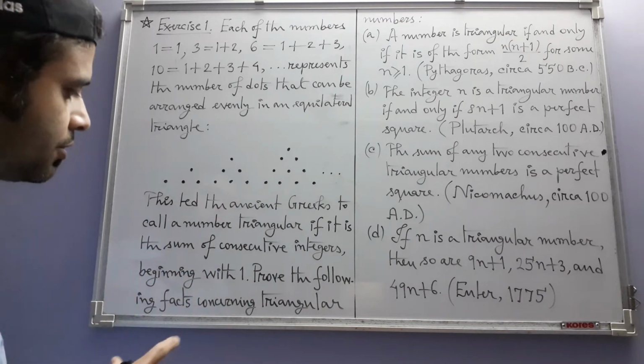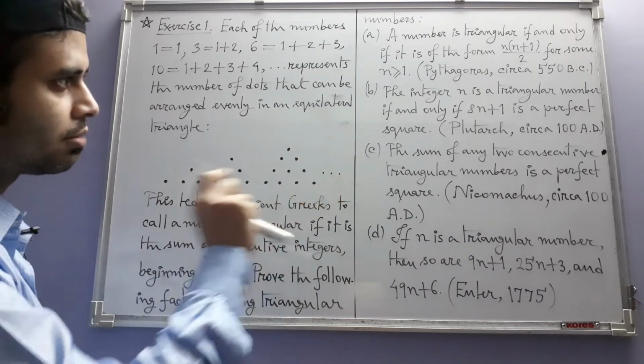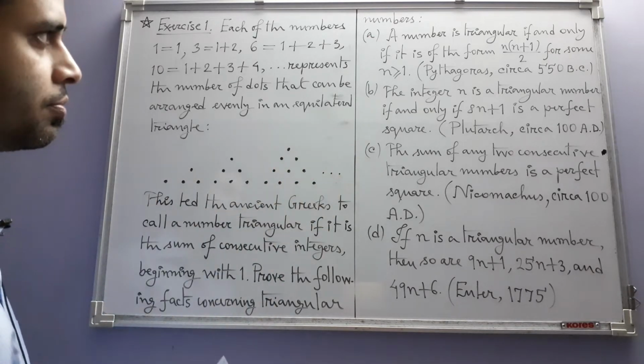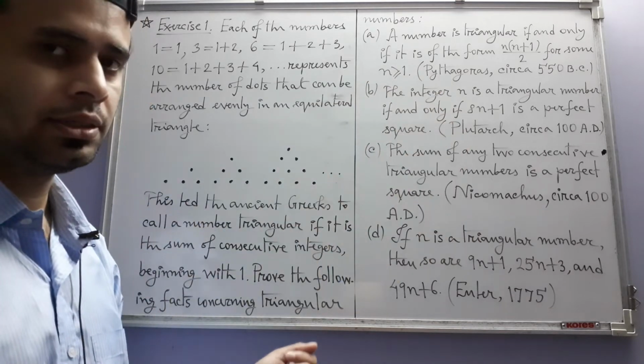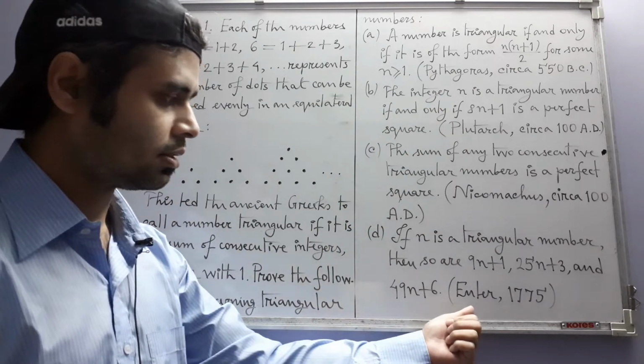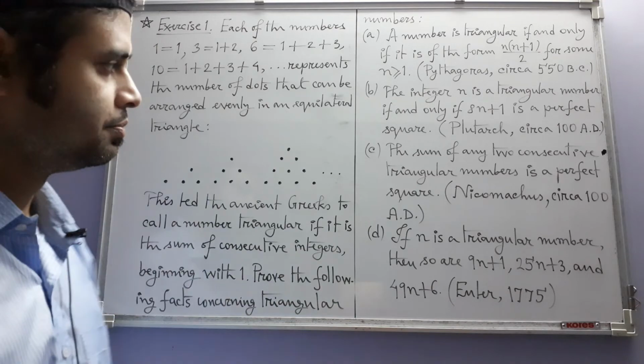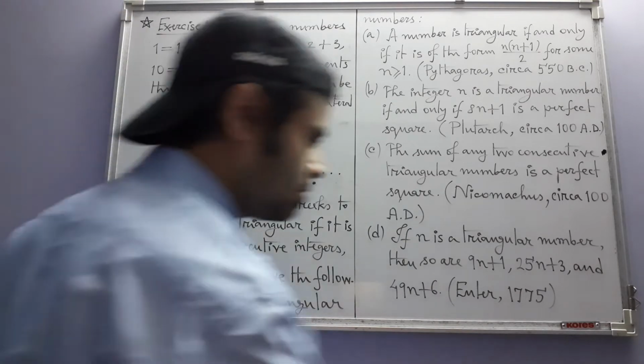So now we have to prove these facts about triangular numbers which were found by these mathematicians. That last one is by Euler. So let us see these things.